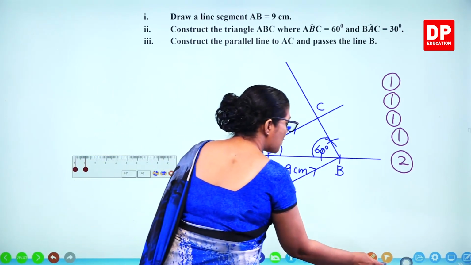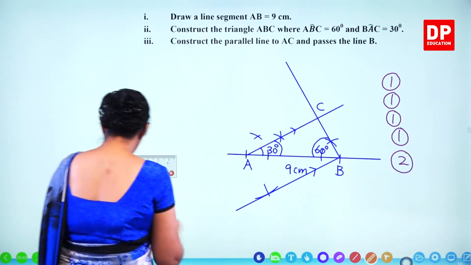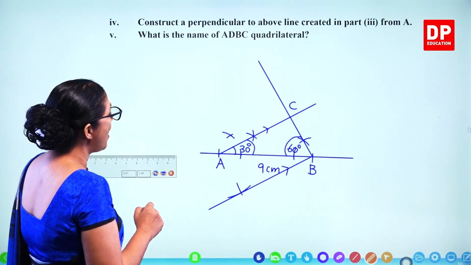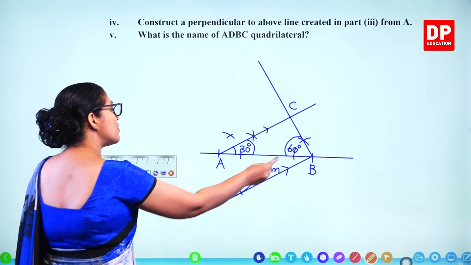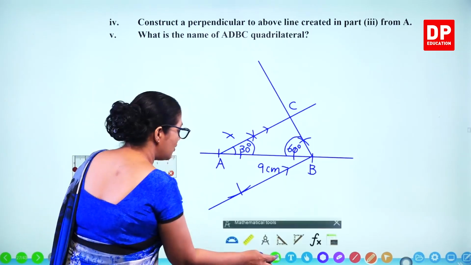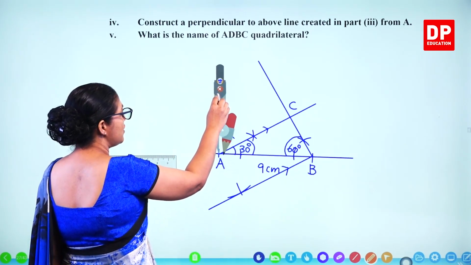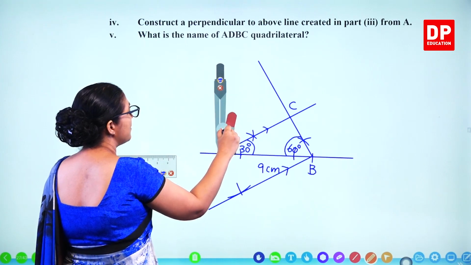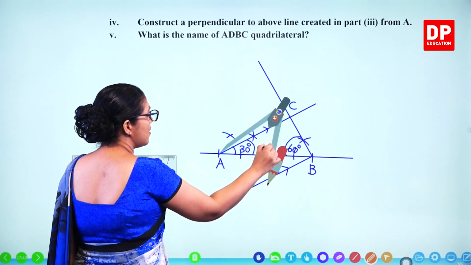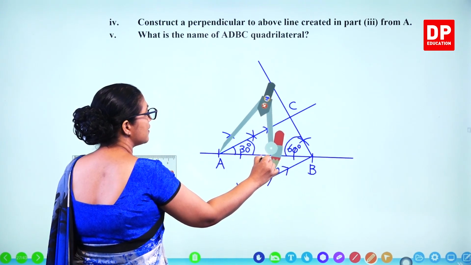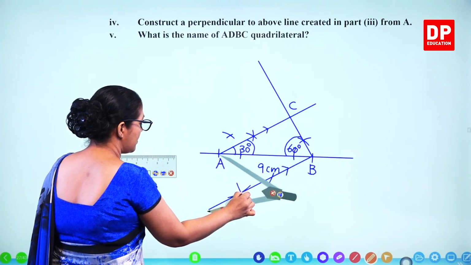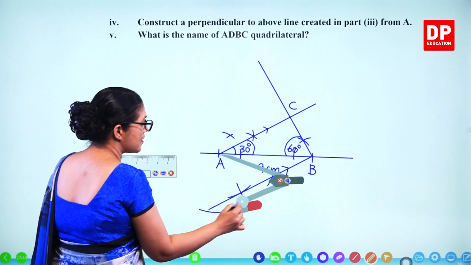So let's do the next part. Construct a perpendicular from A to the line created in part 3. So this is the parallel line we created in part 3. Now you have to draw a perpendicular line. You take the compass and take any distance from A. You can mark 2 points on this line here and here. So that means we have to extend this line.